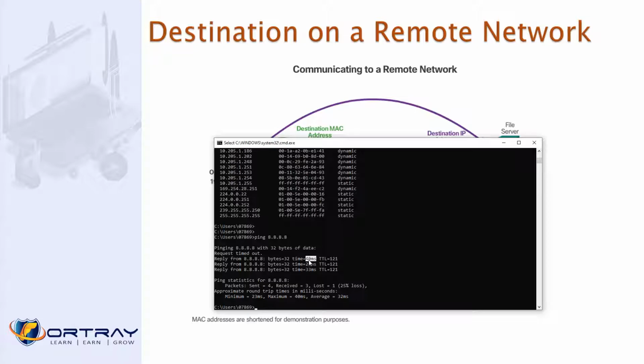It's called RTT, round trip time. Round trip time means I send my packet to the destination, then the destination replies back, and the total time taken is called RTT. First of all, it was 40 milliseconds. Now you can see it's reduced to 23 and later on even more.